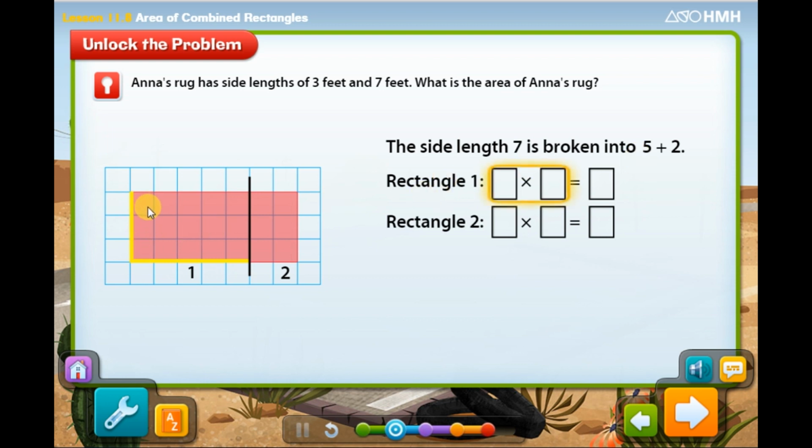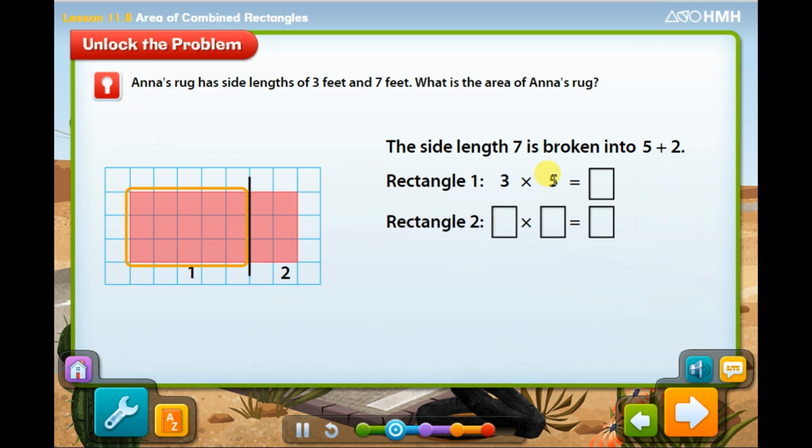By the number in each row, what is the number in each row? 1, 2, 3, 4, 5 tiles. So the sentence will be 3 by the number in each row, which is 5, equals the product. The width is 3 feet and the length is 5 feet.